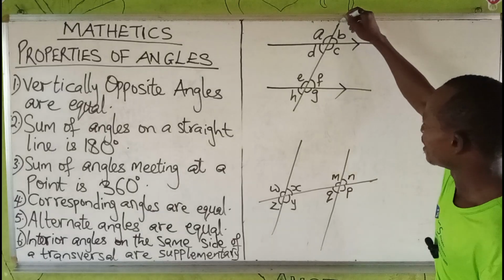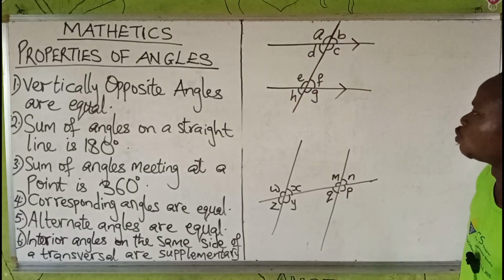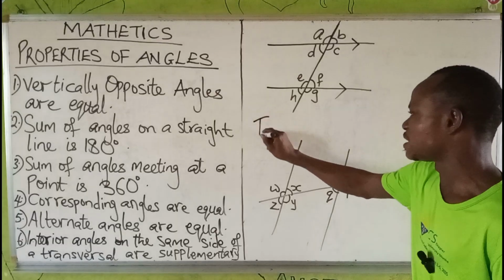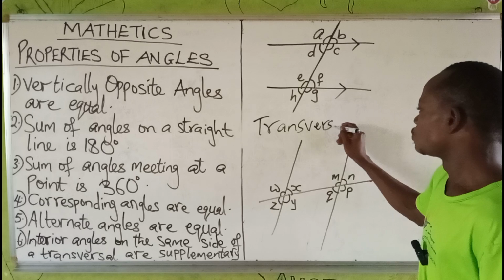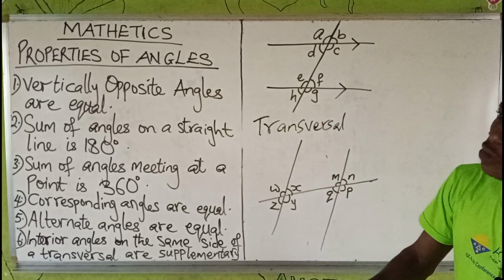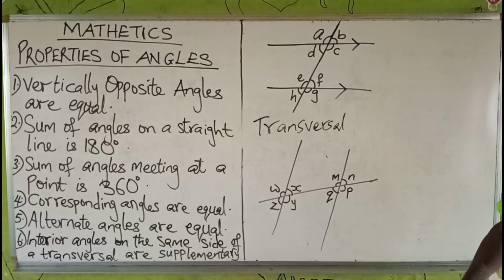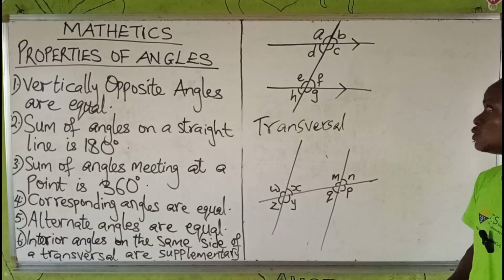And then this other line that is cutting across the parallel lines is what we call a transversal. So when a transversal cuts across two or more parallel lines, we have corresponding angles.